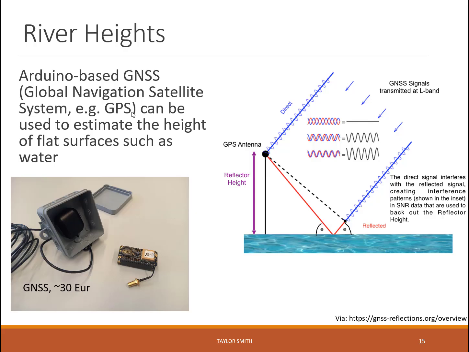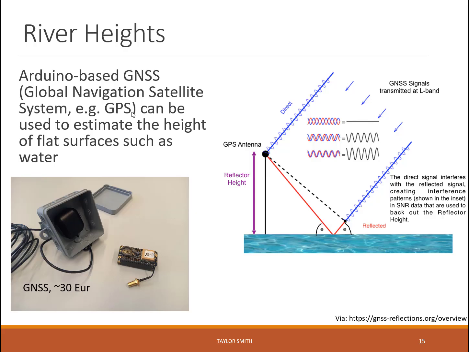That's how our phones know where we are. And if some of them come straight to our antenna, and some of them hit the water and then reflect to our antenna, the difference in this time can tell us, from some trigonometry, how high our station is above the water.